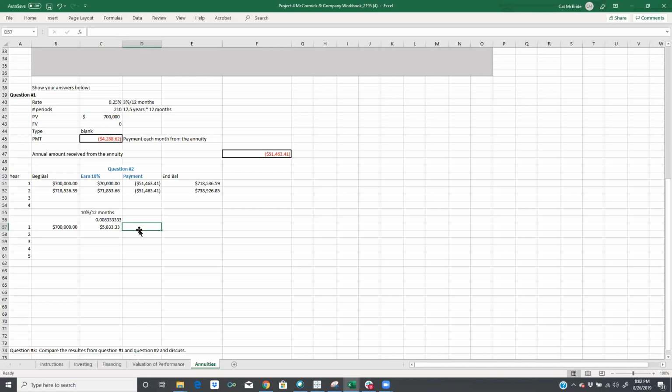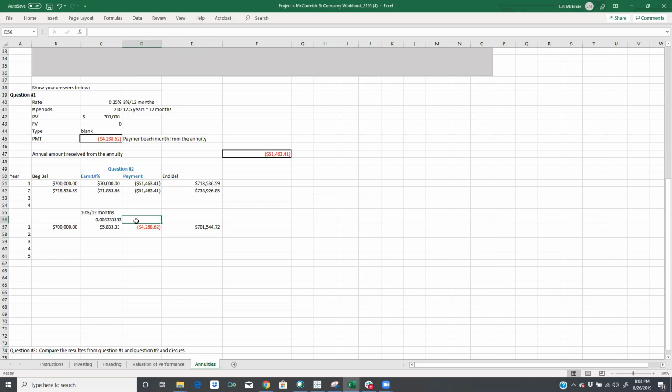Okay, so now the payment is going to be your monthly amount. The payment is always going to be this monthly payment that we calculated. So for this column, I'm going to anchor that. I'm going to put a $ sign in front of the C and a $ sign in front of the 45. And so then I have my total, which is the 700 plus the interest earned minus what was paid out, which gives me my new value.